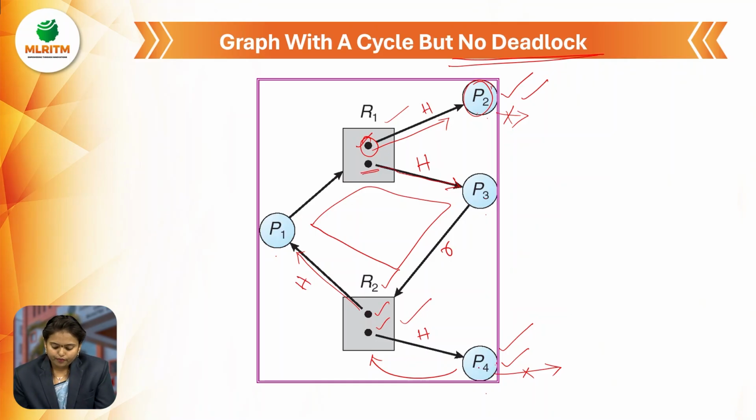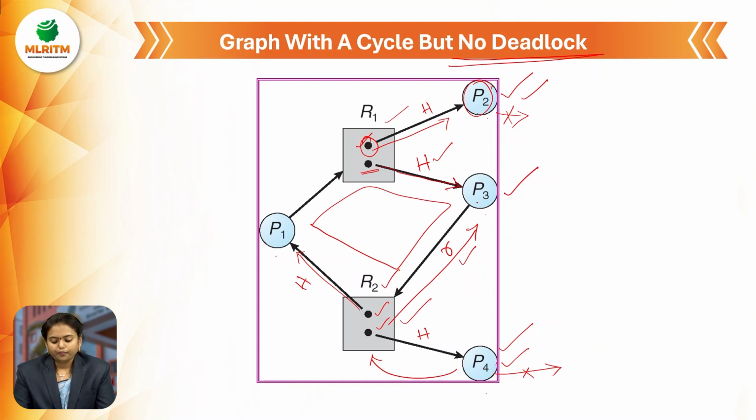P4 has released its R2 instance, so that will be used for P3's execution. So P3 has an instance of R1 and also an instance of R2, and using these two, process P3 will be executed.